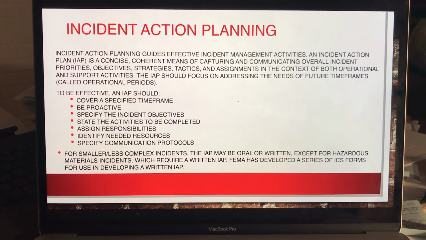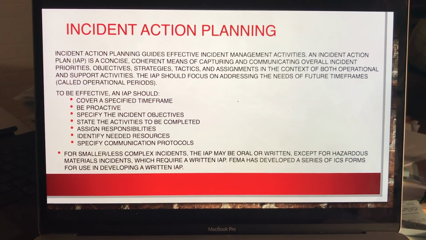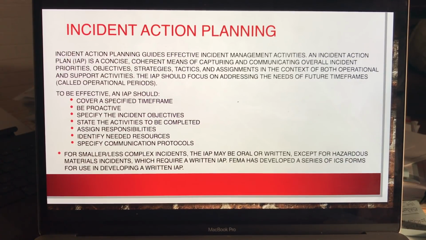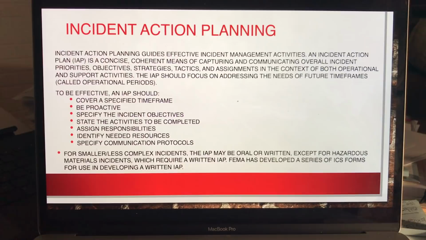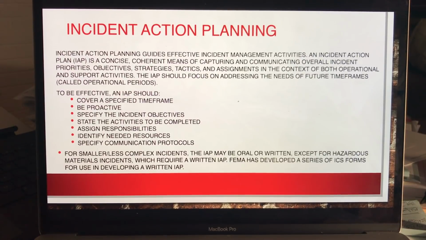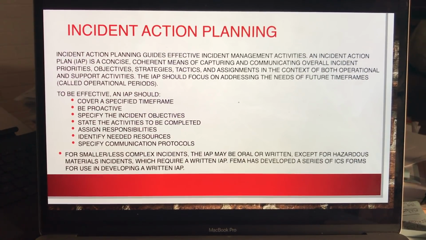For smaller, less complex incidents, the IAP may be oral or written, except for hazardous material incidents, which require a written IAP. FEMA has developed a series of incident command system forms for use in developing a written IAP should that be necessary.